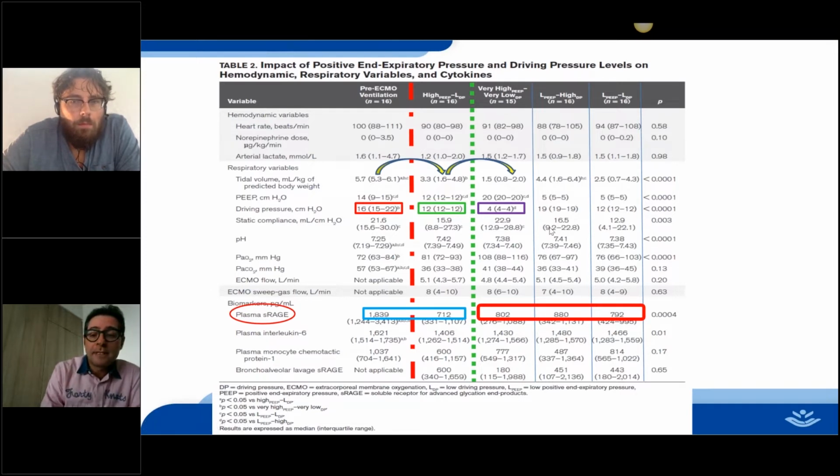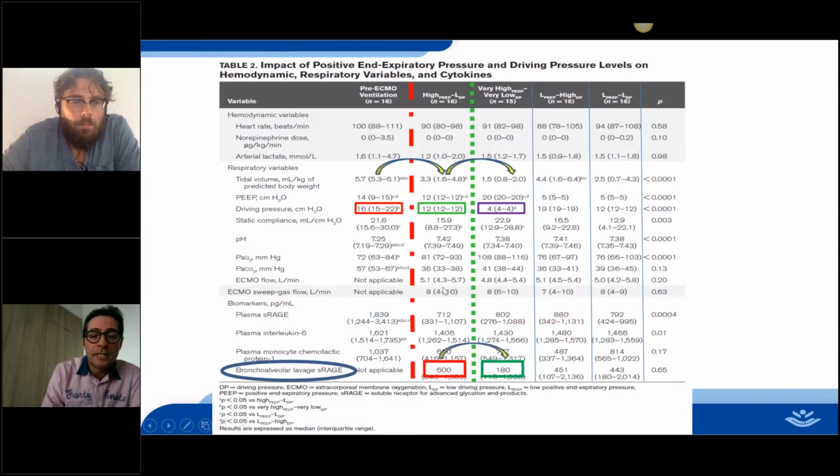What we have instead in the BAL, and no more in the blood, when we move from a ventilation with high PEEP and low driving pressure to another ventilation during ECMO with very high PEEP and ultra low driving pressure, 4 centimeters of water, is a tremendous decrease of RAGE. And this is quite another significant aspect.